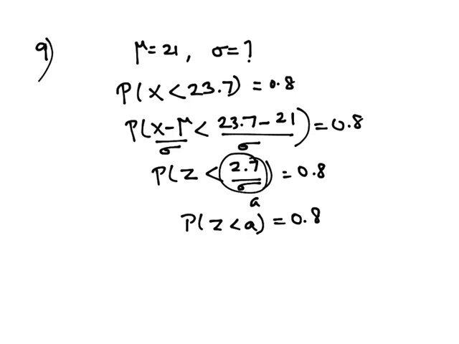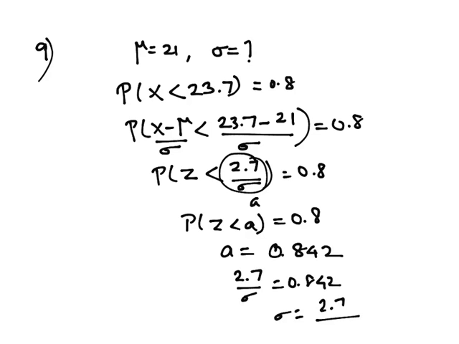Sigma is 1, isn't it? Because I have converted x into z. So sigma is 1 and mu is 0. So the answer is A is 0.841, so 0.842, which means 2.7 by sigma is 0.842. That means sigma is 2.7 divided by 0.842. So you'll get 3.21 as the answer. So sigma is nothing but 3.21.